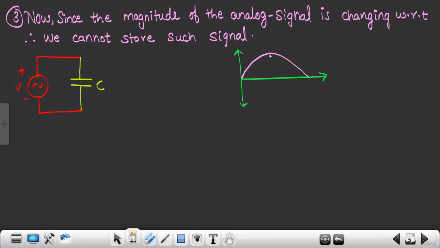I'm drawing its projection over here. So let's suppose this waveform is moving from 0 to maybe 5 volts. So this is your plus 5 volts, and this is again 0 volts.